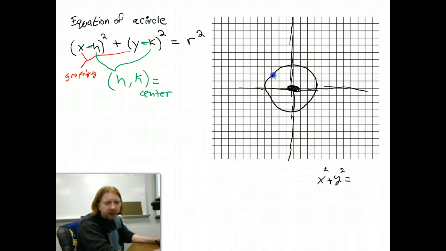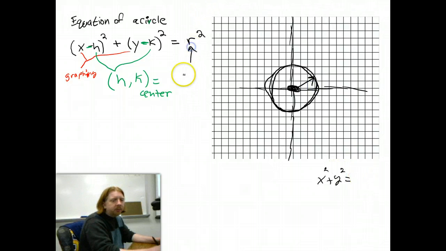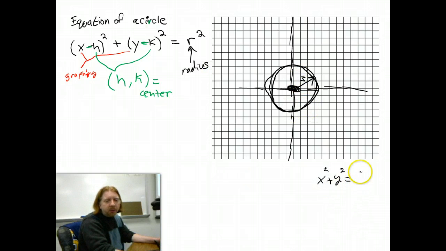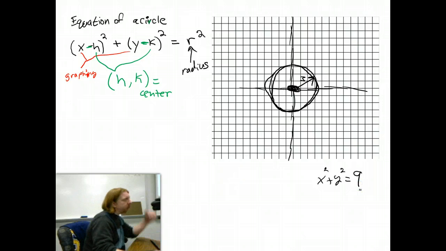And then r, that's my radius. So this circle has a radius of 3, so right here I would write 9, 3 squared. It's always the radius squared.